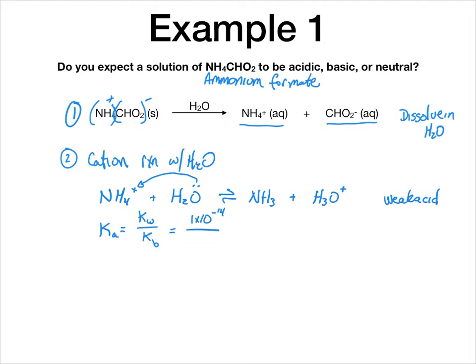And I'm looking up the Kb of ammonium's conjugate base, NH3, in the table, and it is 1.76 times 10 to the minus 5, which gives a Ka equal to 5.68 times 10 to the minus 10.